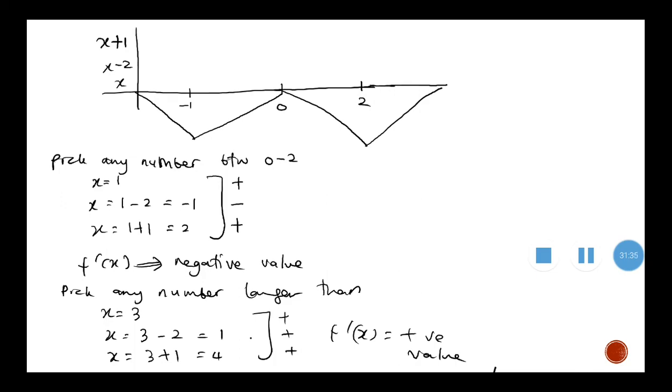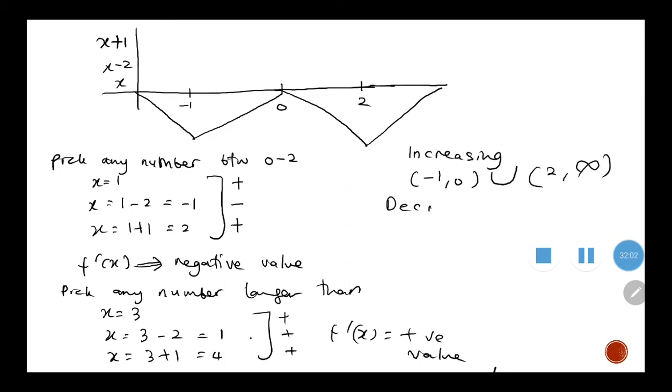So the trend here, which one is increasing? Increasing is between -1 to 0, right? And from 2 to, we don't know, so we just put infinity.